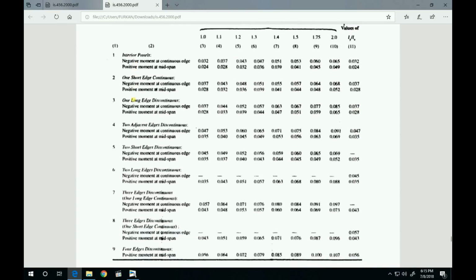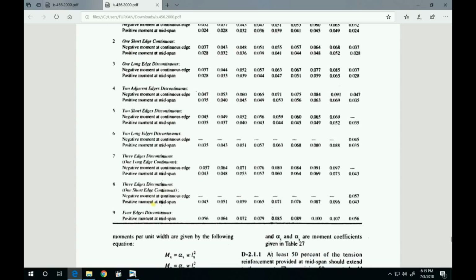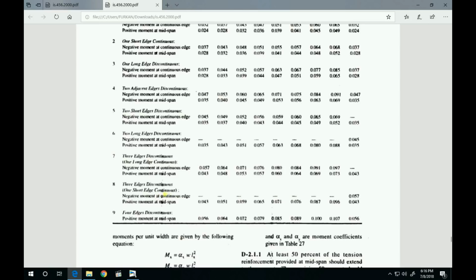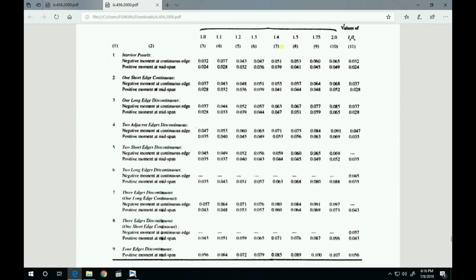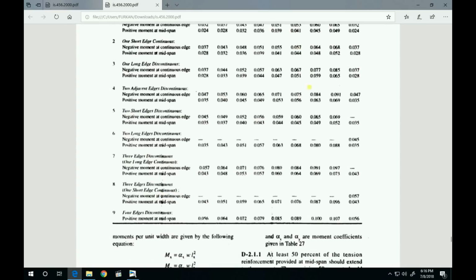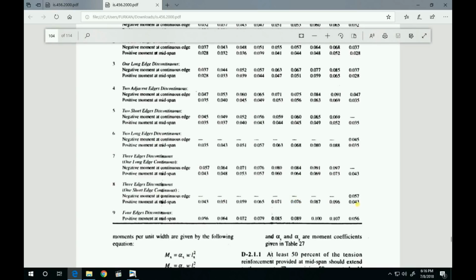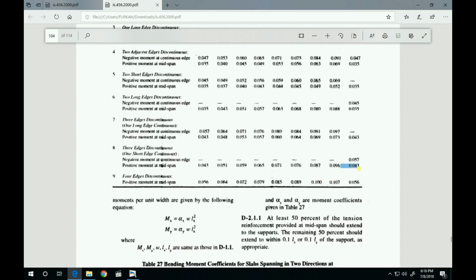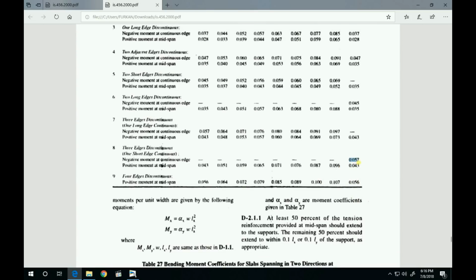Now depending upon the conditions, in our case one short edge was continuous, so the case will be case number 8, that is 3 edges discontinuous and one short edge continuous. Now for Ly by Lx 1.5, alpha x is 0.076 and alpha y positive is 0.043 and alpha y negative is 0.057.